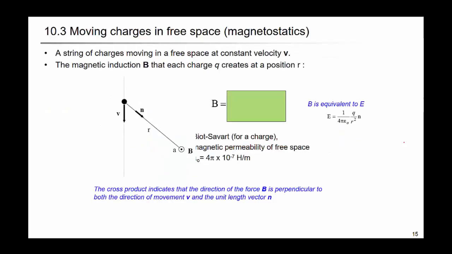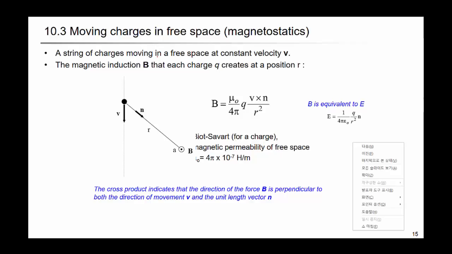Now let's talk about the moving charges in free space, and this becomes more complicated now that we are introducing the electromagnetic force, the magnetic force in here. A string of charges moving in free space at a constant velocity v.